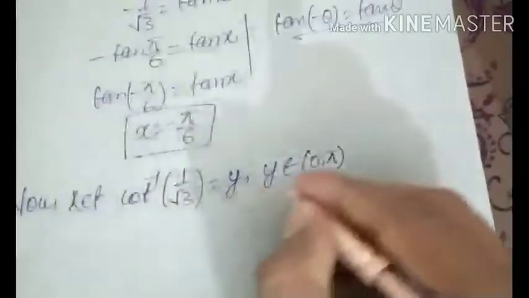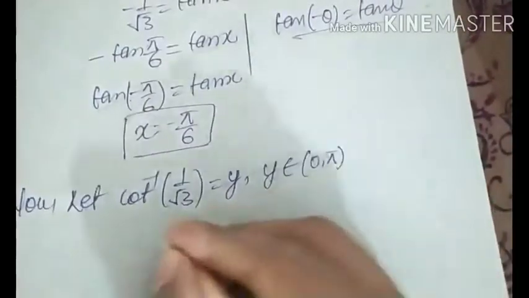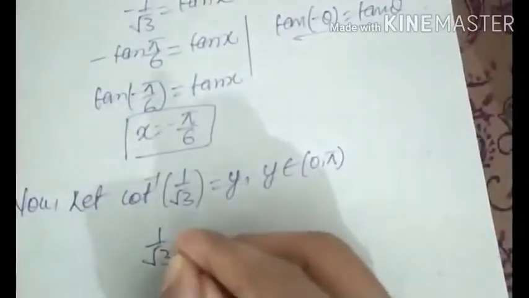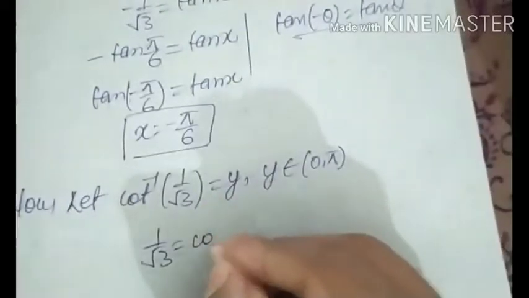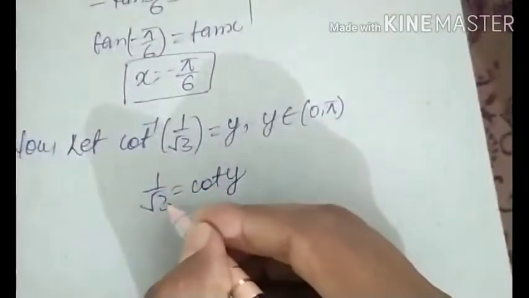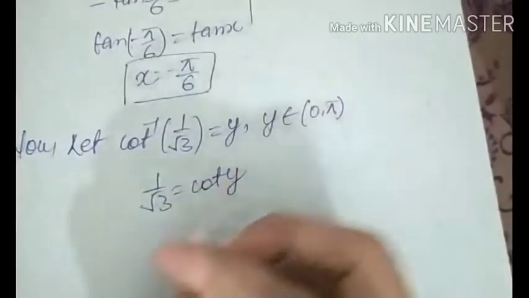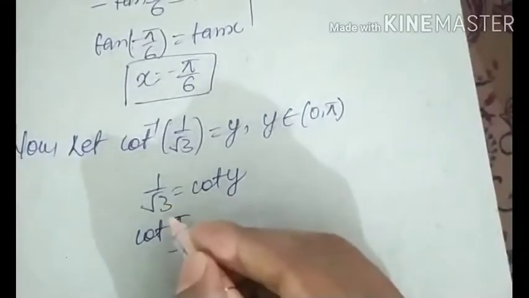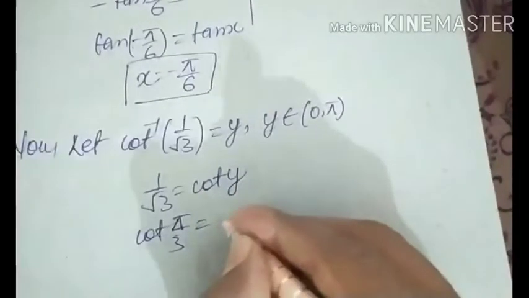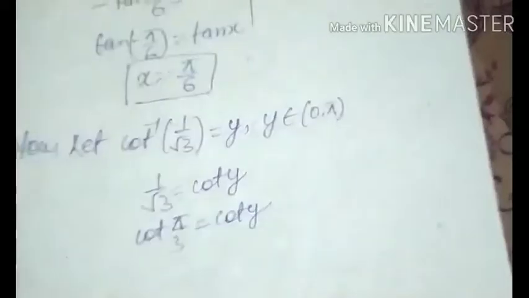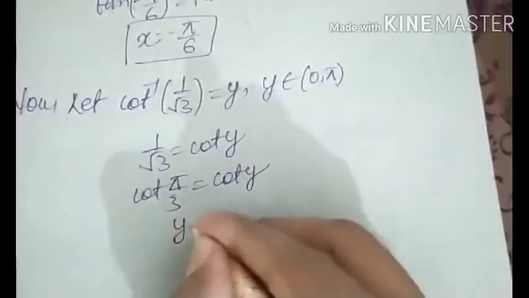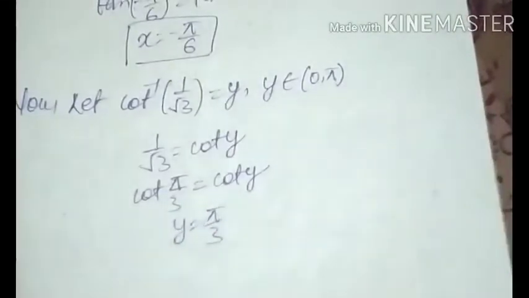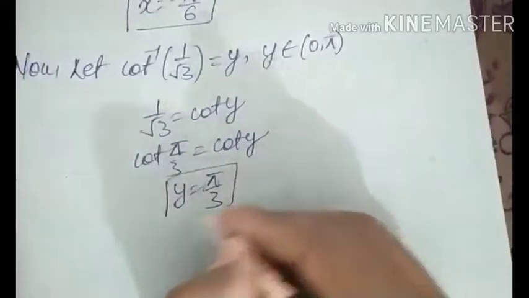Since y belongs to 0 to pi, we can write 1 upon under root 3 is equal to cot of y. The value of 1 upon under root 3 in the form of cot is cot pi by 3. Cot pi by 3 is 1 upon root 3, which is equal to cot of y. Comparing both sides, we get y is equal to pi by 3. This is the value of y.